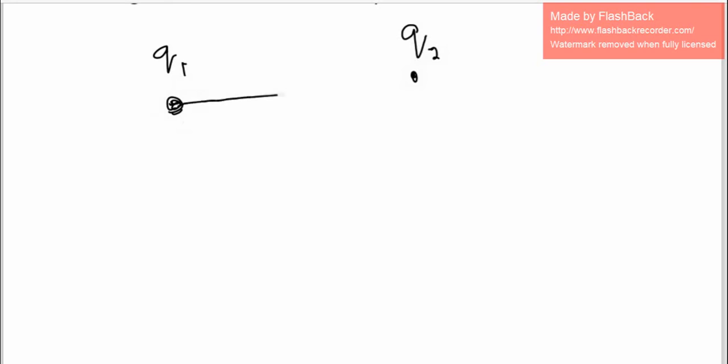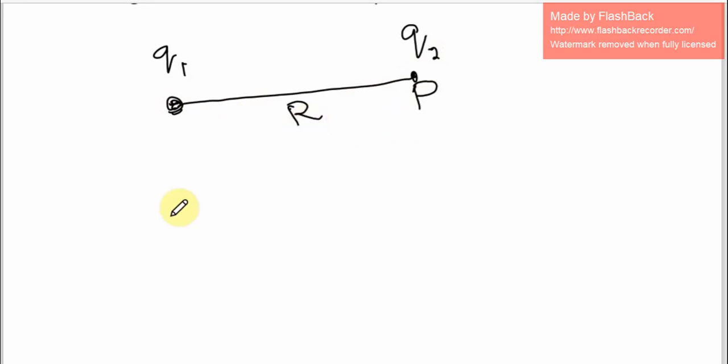The distance between these two charges is R. These two charges are separated by a distance R, and this point is P. It's very clear that in order to bring these two charges close to each other, I have to do some work.